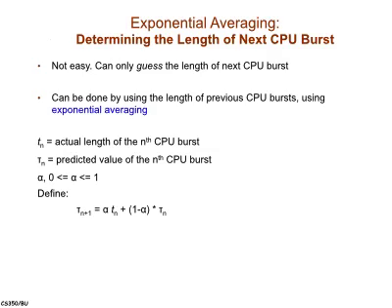What this means is that you multiply the actual CPU burst Tn by the factor alpha, and then you take the predicted value of the nth CPU burst tau n, multiply that by 1 minus alpha, and add them up, and that gives you the predicted CPU burst for the next round.